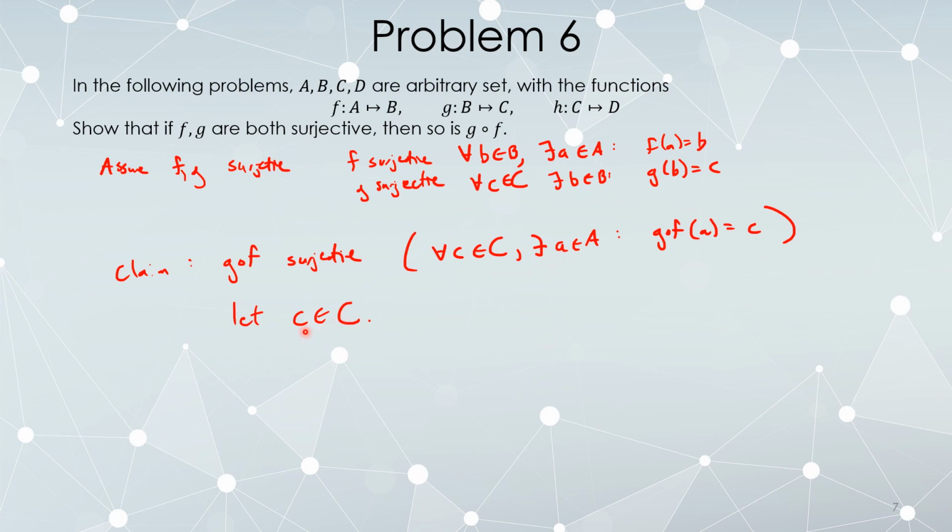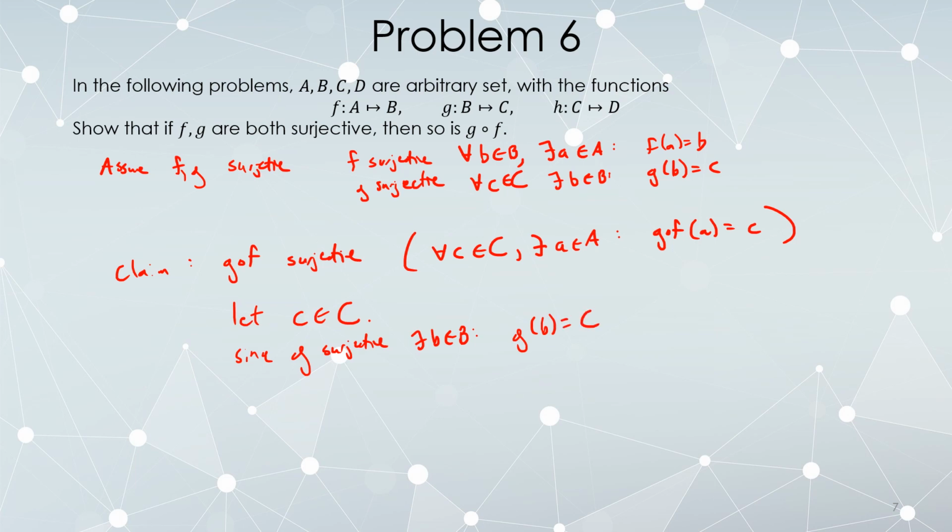But let's turn our attention back to the set C. We already know that g is surjective. So anytime we have something in C, there must exist something in B so that g of that is C. So I can come back here and I can say, since g is surjective, there exists something in B so that g of B is equal to C.